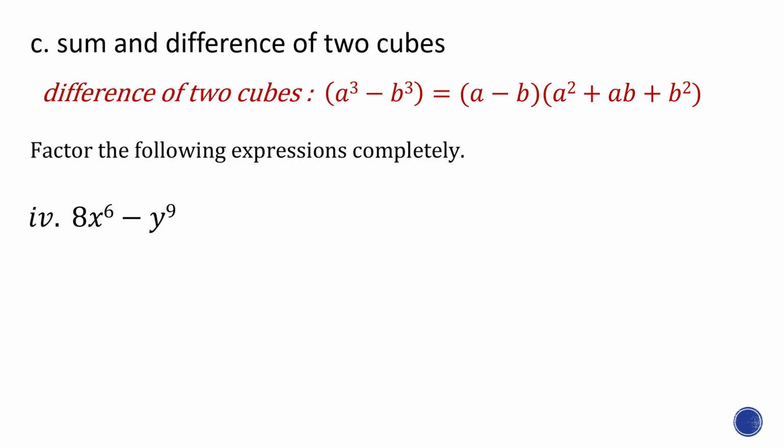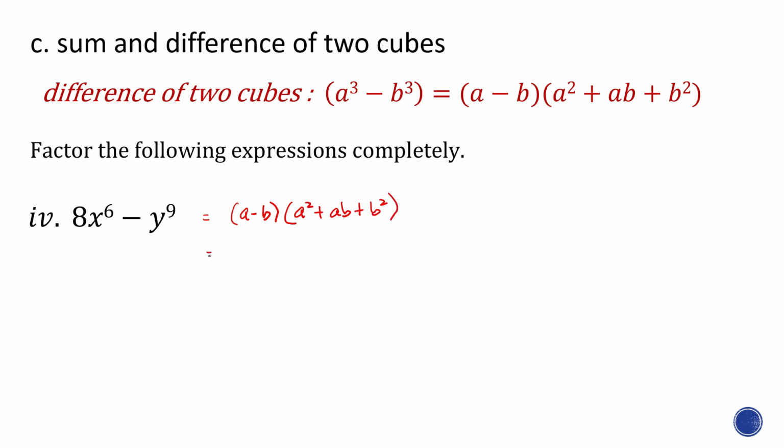I don't know if you remember what I said earlier. When it comes to the exponents, they should be divisible by 3 in order for us to use one of the two formulas that we have here, the sum and difference of two cubes. And when it comes to the numerical coefficient or the numbers, it can be 1, 8, and then whatever perfect cube number. Okay? Let me rewrite the formula again for the nth time.